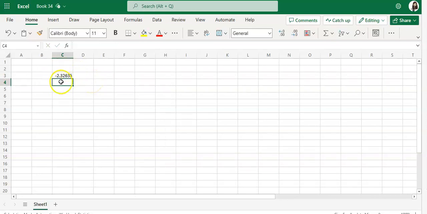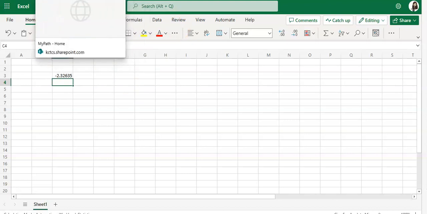Now, in my picture that I had drawn, the value on the left would be negative 2.326, and the value on the right would be positive 2.326. So I'll draw that again because unfortunately the draw feature on this thing sort of erases the picture every time I get out of it.